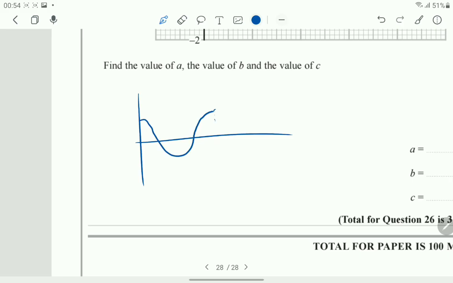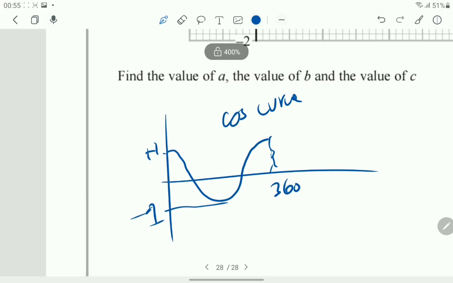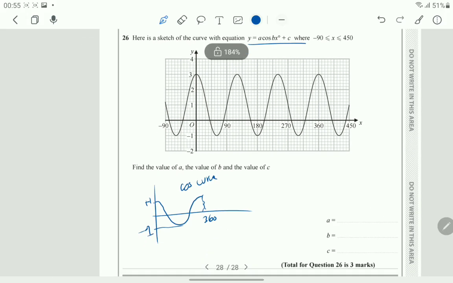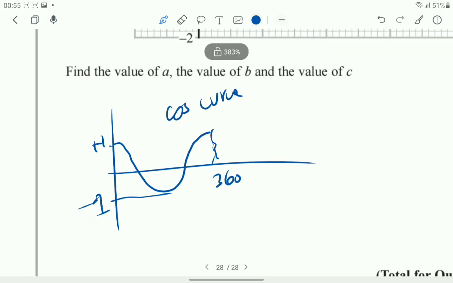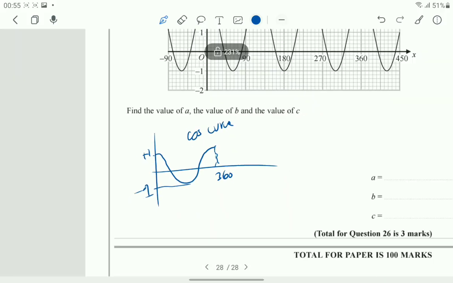A normal cos curve completes one cycle in 360 degrees, has a maximum point of +1 and a minimum point of -1, and anything that we see as an anomaly in our question is a clue for what could be the missing pieces to the puzzle over here.